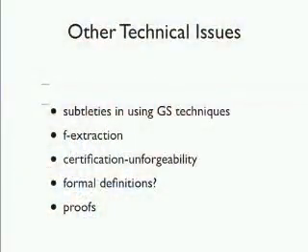There's actually a number of other technical issues that come up when you try to do this. There's some real subtleties in using this Groth-Sahai proof system. It has really nice properties, but they're a little bit tricky. Also, this Groth-Sahai proof system is a proof of knowledge, but not entirely.